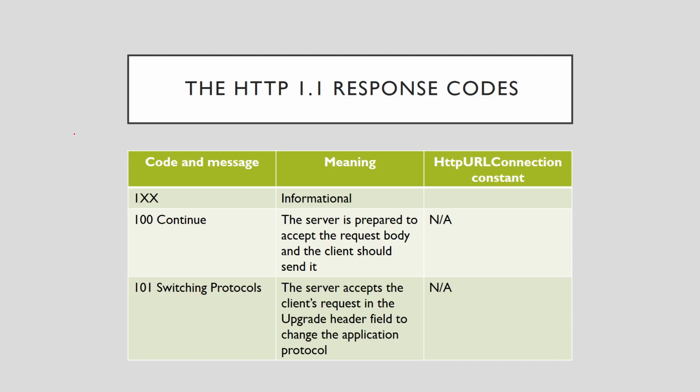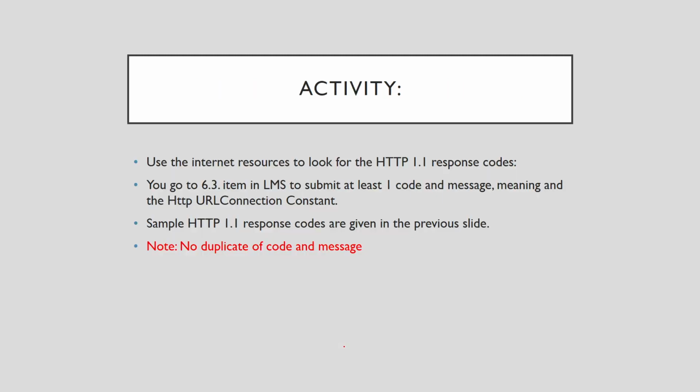And this shows the code and message, meaning, and the HTTP URL connection constant. 100 codes are informational, like 100 continue, which means that the server is prepared to accept the request body and the client should send it. 101 switching protocols code means that the server accepts the client request in the upgrade header field to change the application protocol.